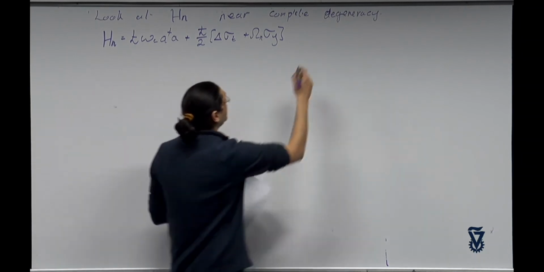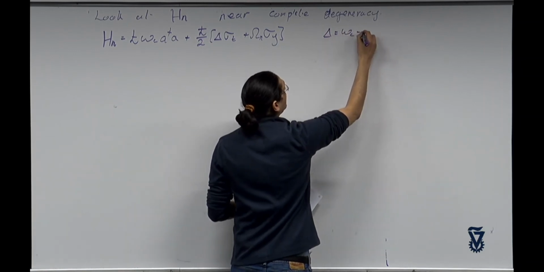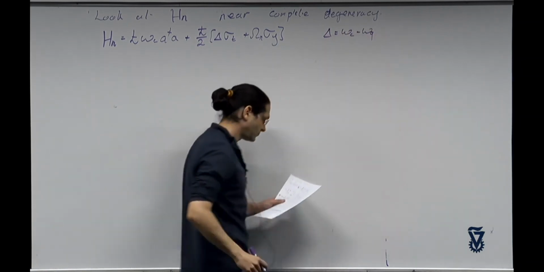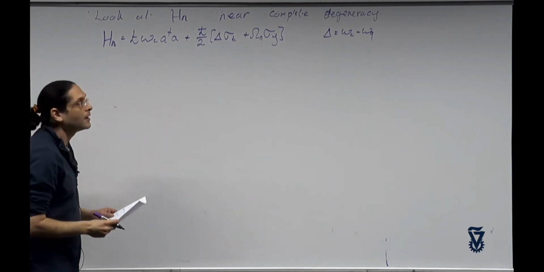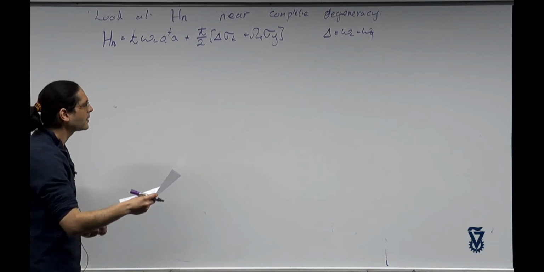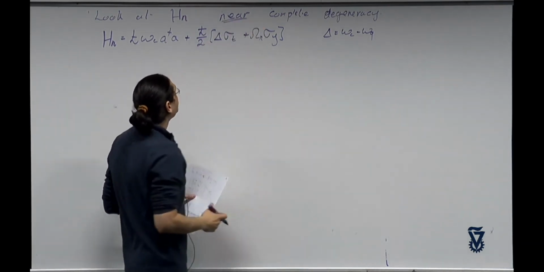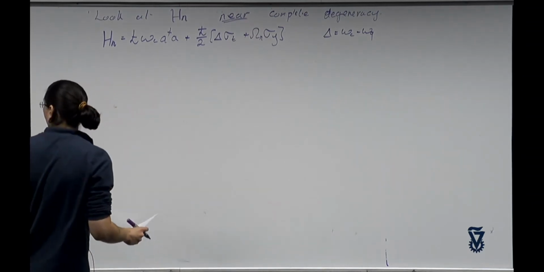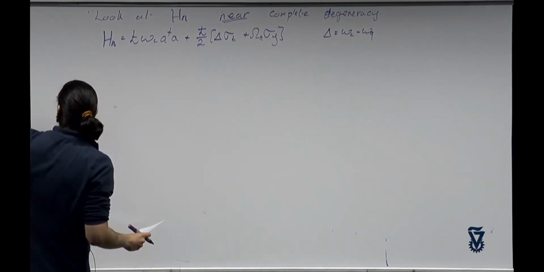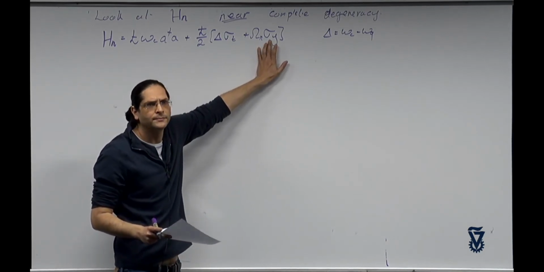And maybe I'll define delta. So delta is basically omega c minus omega q. And we're assuming it's small right now. Okay, so we're looking near complete degeneracy. And then you can transform those sigma plus and sigma minuses into sigma y.